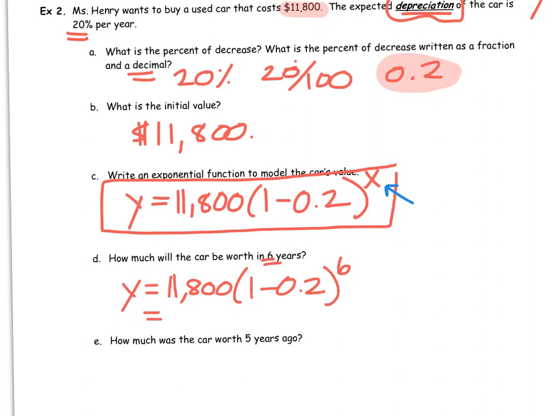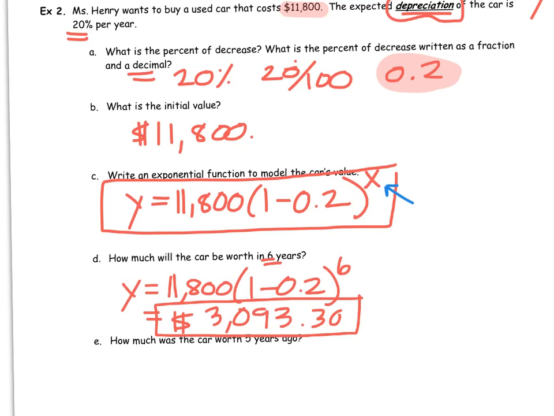When I do that, I get the answer of $3,093, and we'll say 29 cents. Actually, I should round 29 cents correctly to 30 cents, because I get 2,992. So that means that after 6 years, Miss Henry's $11,800 car will only be worth $3,093.